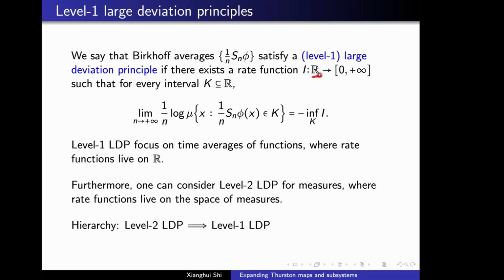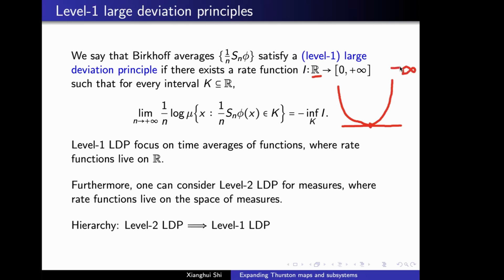Because the domain is R, right? Yeah. So roughly speaking, the graph of this rate function looks like this. This point corresponds to the space average, and at this point the rate function takes value 0, and in some parts it takes value infinity. I see.